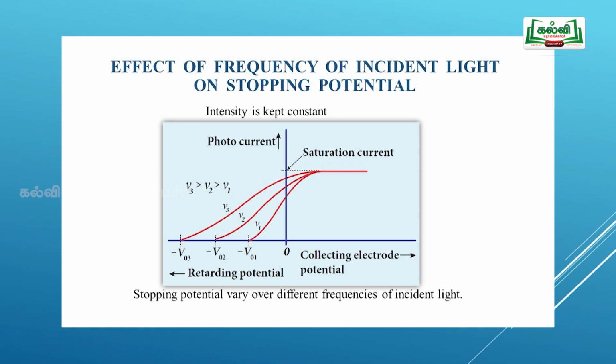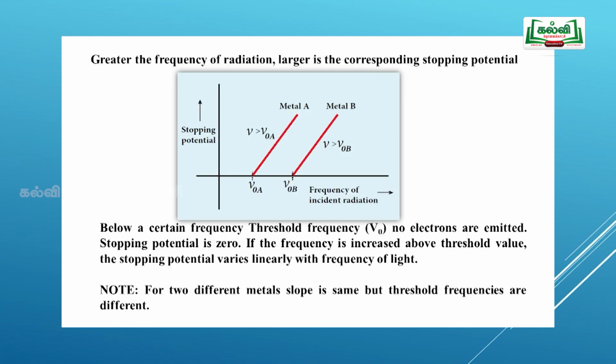Between the stopping potential and frequency of incident radiation, another graph is drawn for two different metals, metal A and metal B. Here there is a minimum frequency called the threshold frequency. Below the threshold frequency, no electrons are emitted. Stopping potential is 0.